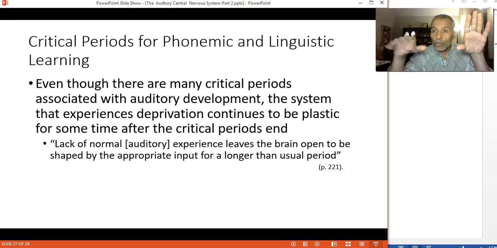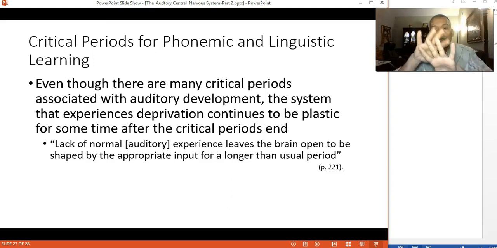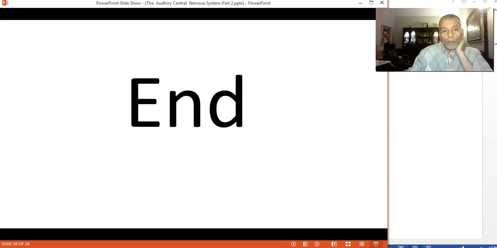The others also show improvement, but not as strong as the ones who have auditory processing problems. Again, that explains why, because their system remains more flexible than the ones who have a normal auditory system.